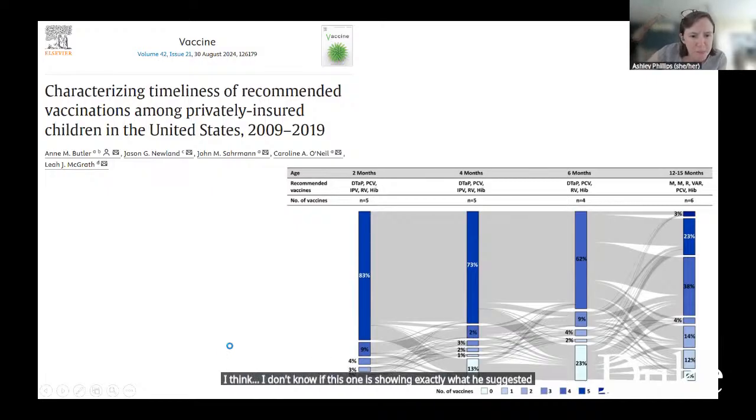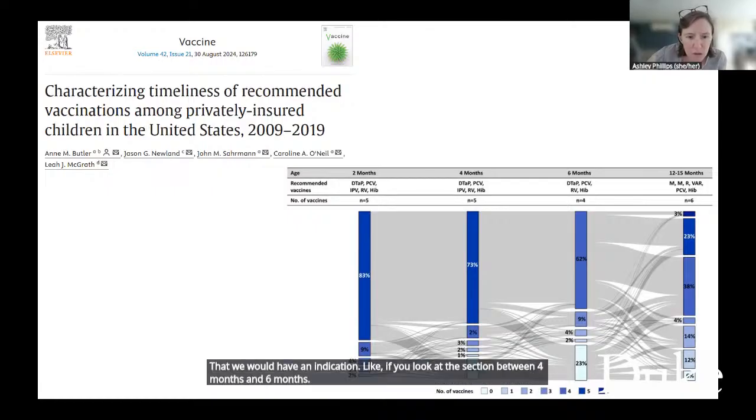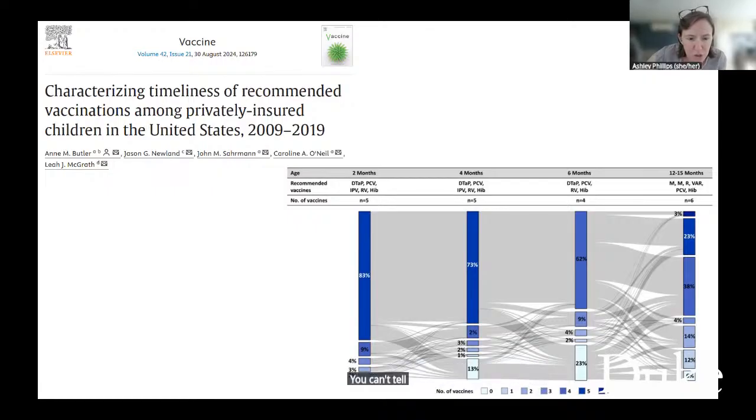He's suggesting like that we would have an indication, like if you look at the section between 4 months and 6 months, you can't tell which part of the 73% to the 62% came from the original 2 months segments. Yeah, I get it. Yeah.